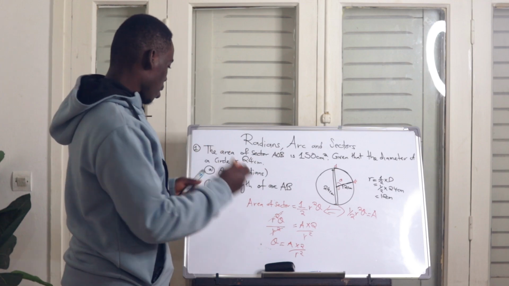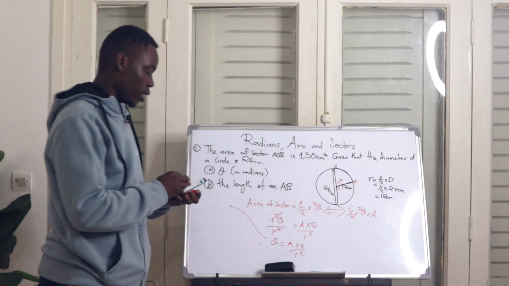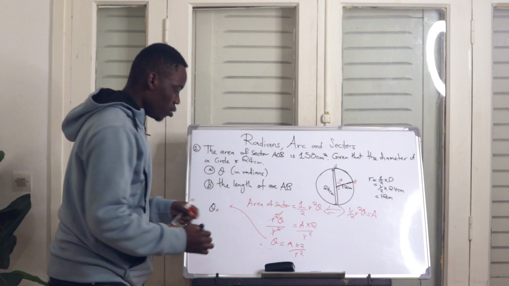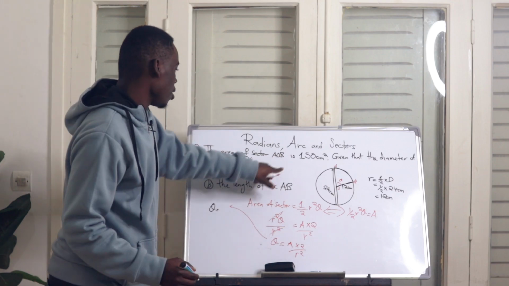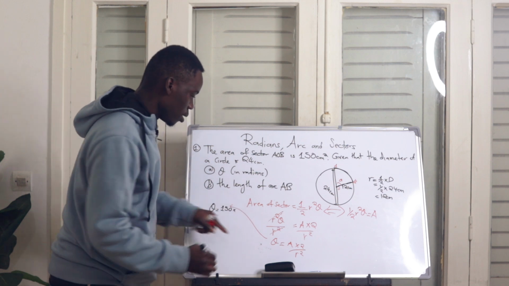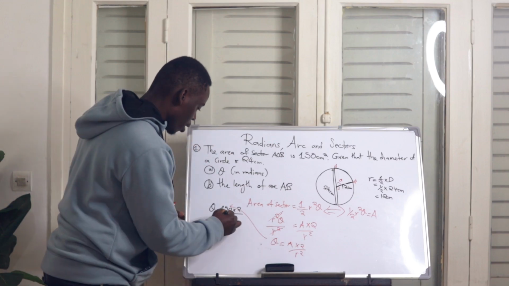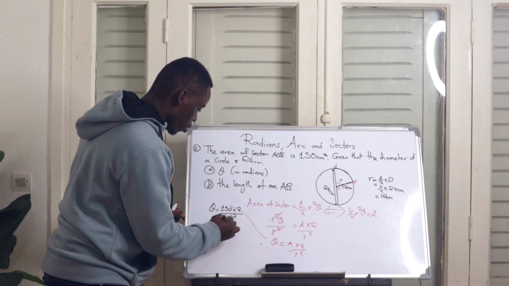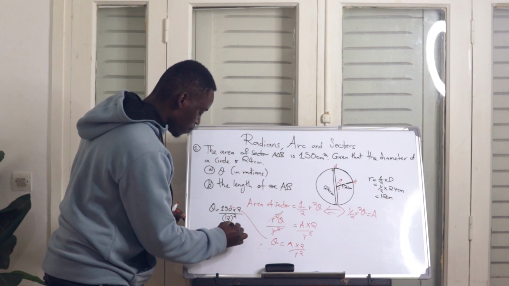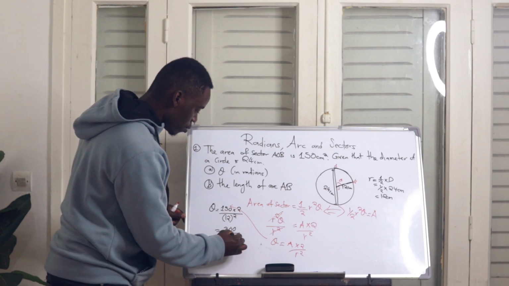Now, I'm going to write this here so it can be visible. So our theta in this case is equal to, what is our area? Our area is 150 centimeters squared. 150 times 2 divided by r squared, which is 12 squared. This will be 150 times 2 is 300, divided by 12 squared, which is 144.